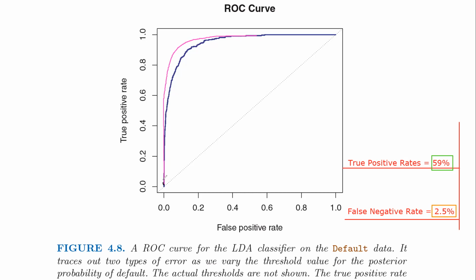Let's stick to the pink one. Now, for example, when you compare this point to this point, for the same false positive rate, you have a higher true positive rate.